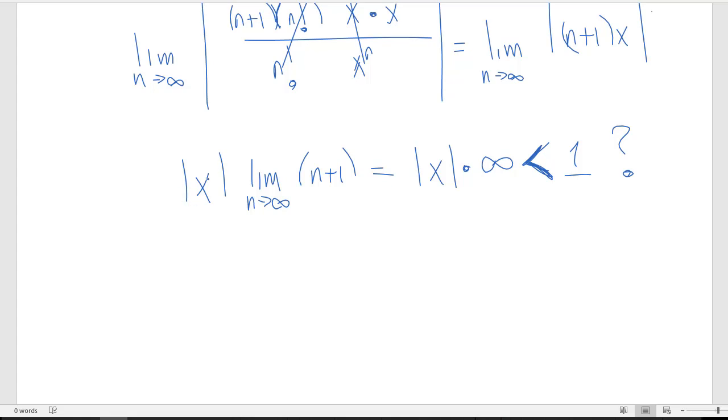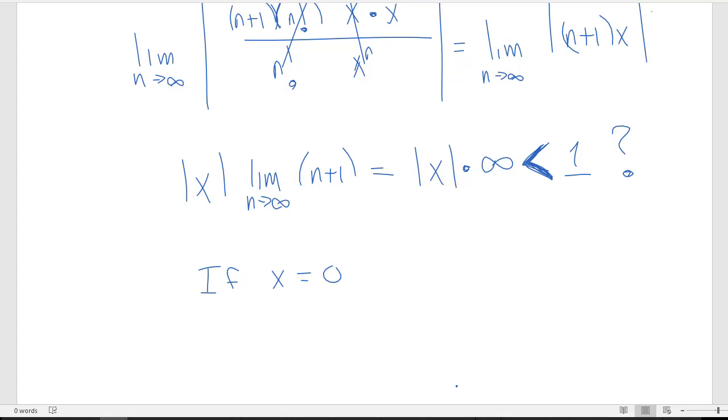If I pick x equals negative 1/2, the absolute value of negative 1/2 is positive 1/2 times the limit of n plus 1, which goes to infinity. That's not less than 1. So the only time I get something less than 1 is if x is 0. So the only time 0 times infinity is less than 1 is if x equals 0.